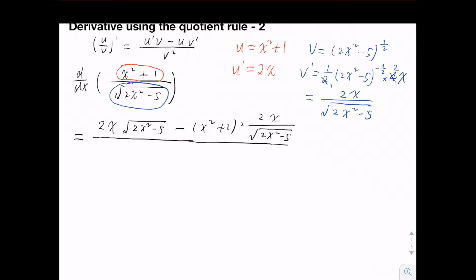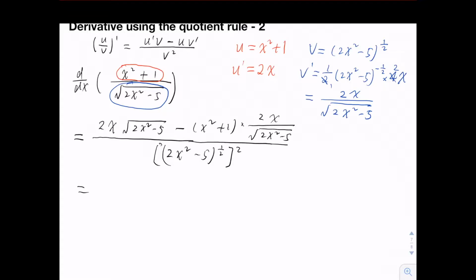And don't forget I have v squared on the denominator, which is 2x squared minus 5 to the power of half. That's my v, and then I square it, so later on I can cancel the square root. Half and 2 become a nice simple denominator. Okay, so that's pretty much my quotient rule.